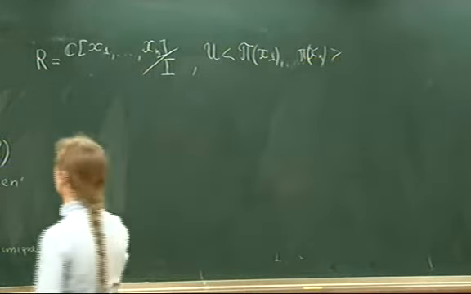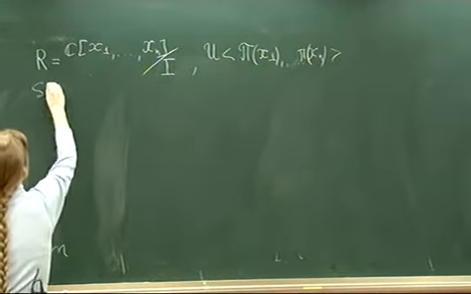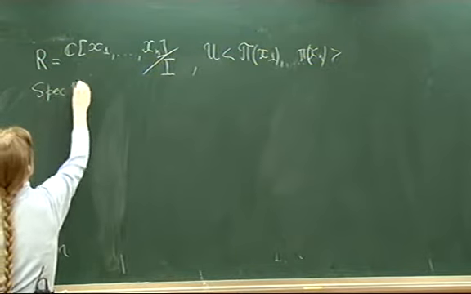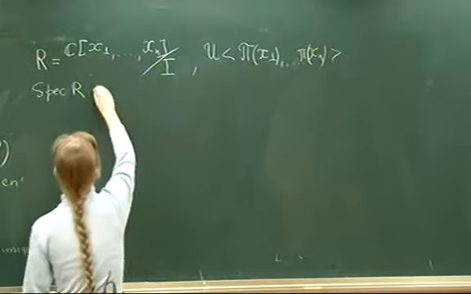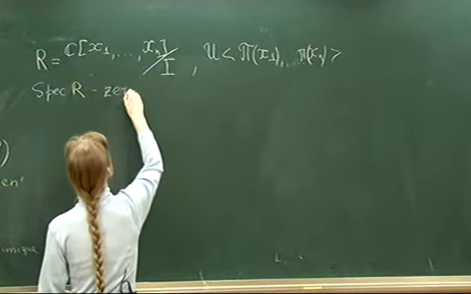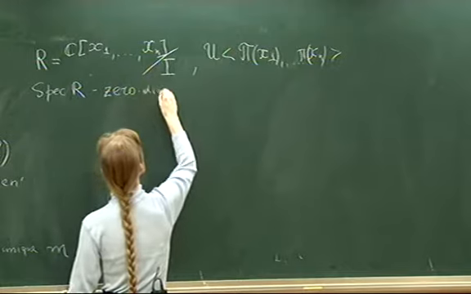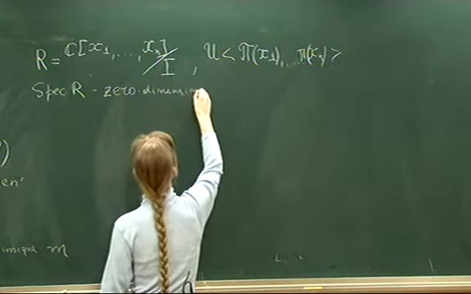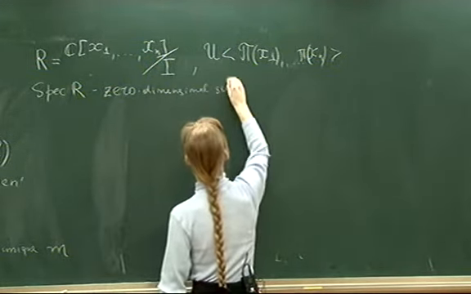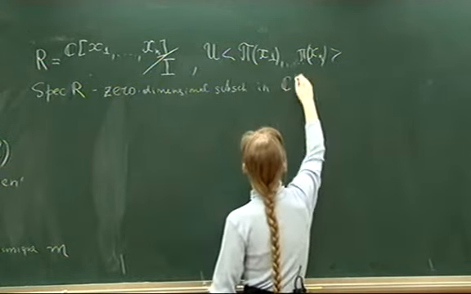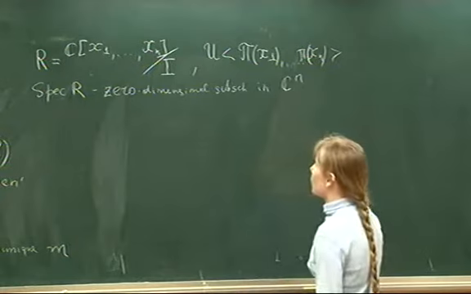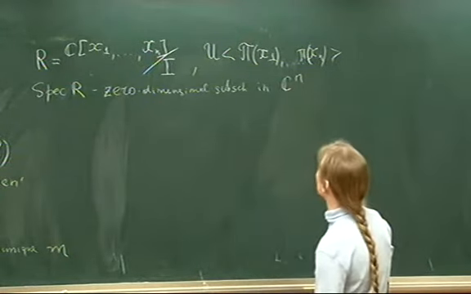Well, it means exactly that the spectrum of this algebra R is just some zero-dimensional subscheme in C^n supported at the origin again.